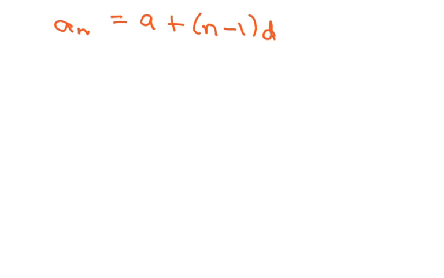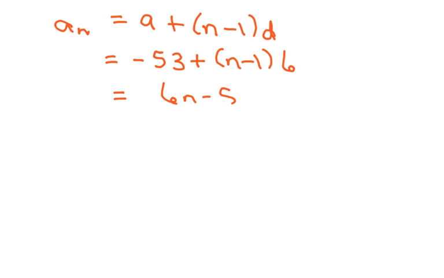So a is negative 53 plus n minus 1 times 6. And that gives us our formula, which is 6n minus 59. And that's after you distribute that and add. Okay? All right.